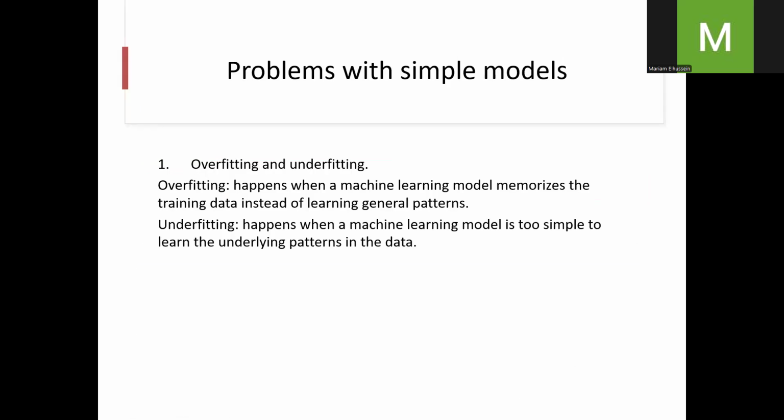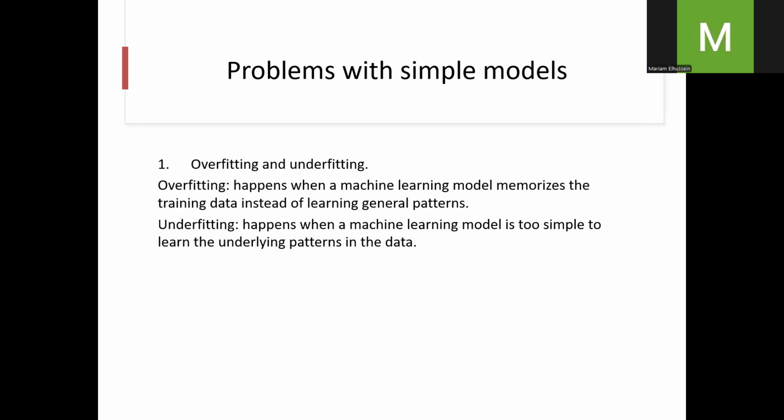What are the problems with simple models? The first problem is overfitting and underfitting. Overfitting happens when the machine learning model learns only from the training data, so it does not generate general patterns that apply to any data.